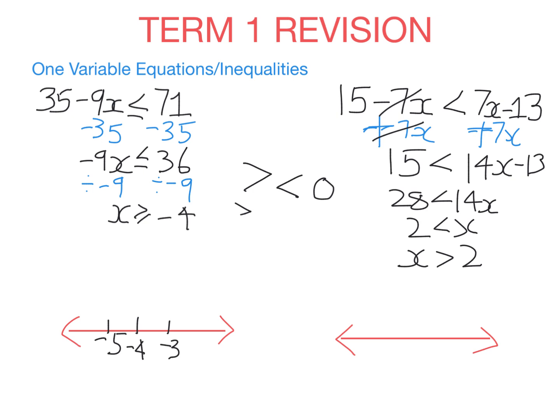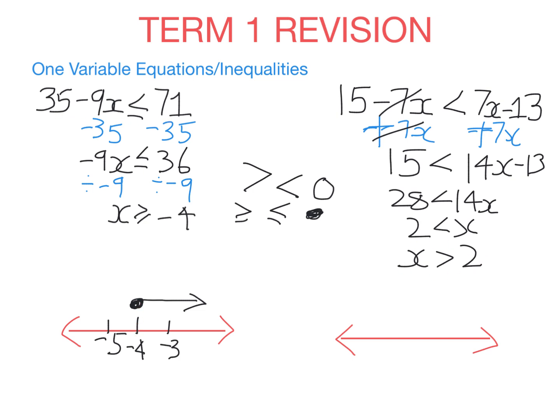And if it's not a strict inequality, it's one of these ones, you use a shaded circle. So here I'm going to use a shaded circle. We're just going to start at negative 4, and we're going to point to all the numbers greater than or equal to negative 4. This shaded circle indicates that we're including this negative 4. Negative 4 is a solution. If you substitute it in here, you get a true statement.